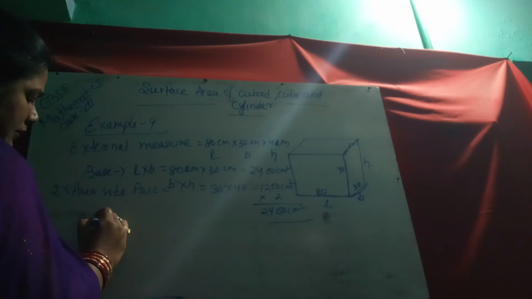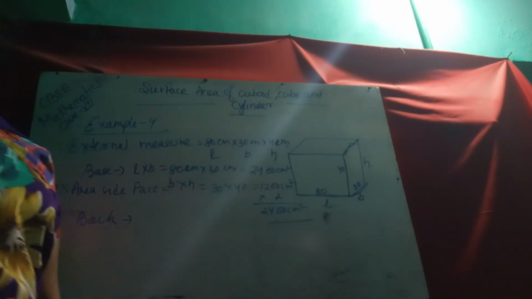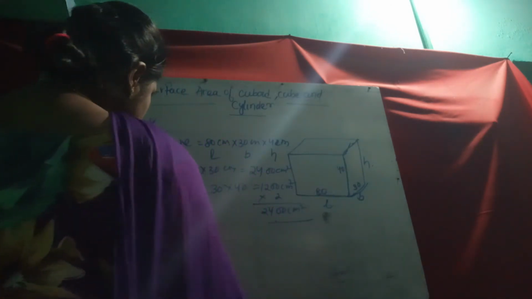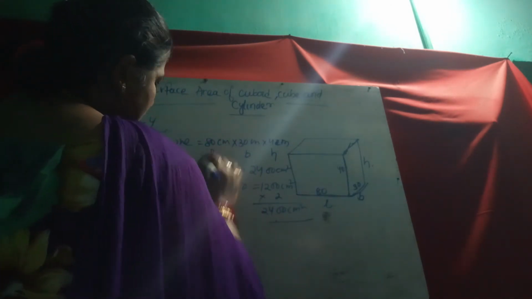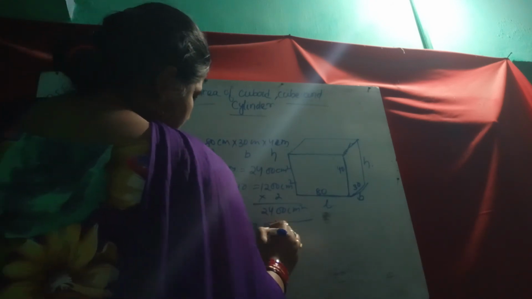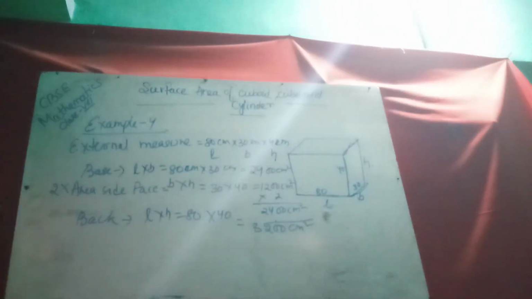Then the back is again length into height, with length 80 and height 40, which is 3200 cm square.